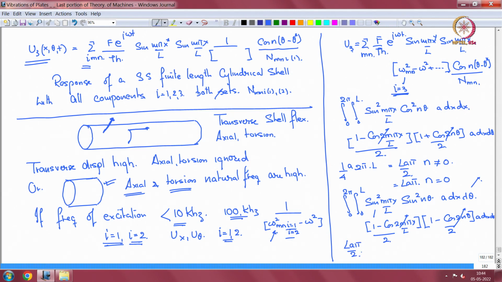So just as before, the same law holds for N_mn: for n equal to 0 it is L a pi, and not equal to 0 it is L a pi by 2. This now is the reduced or simplified response of a simply supported shell.